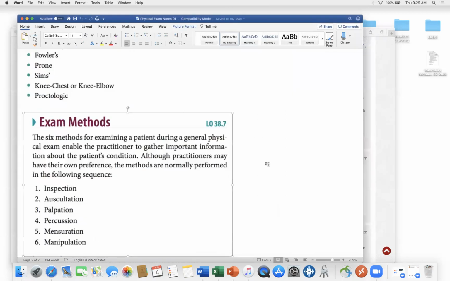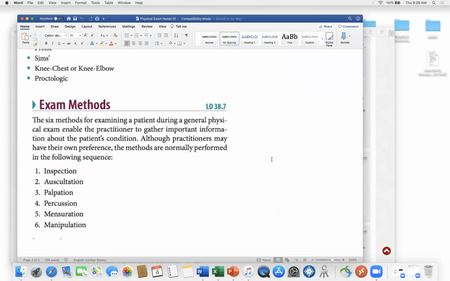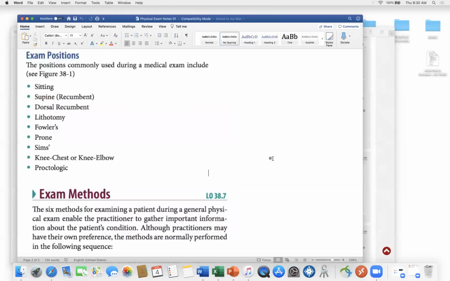As a review, those are all the 6 examination methods. Know your examination methods and what they do. Research and look up your examination positions and what they look like, and what is the most common test we do. For example, sitting is always the interview, and we could do venipuncture.